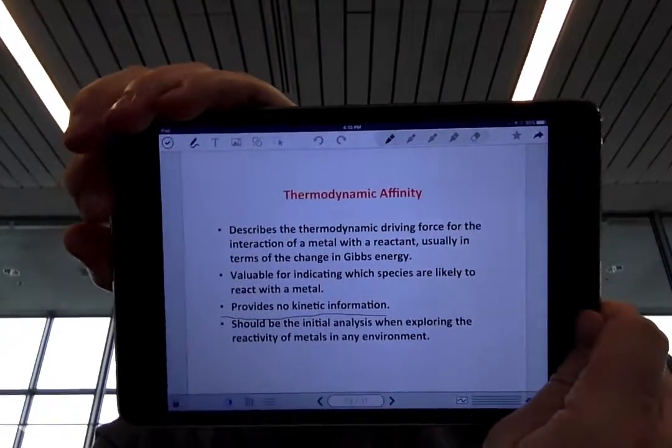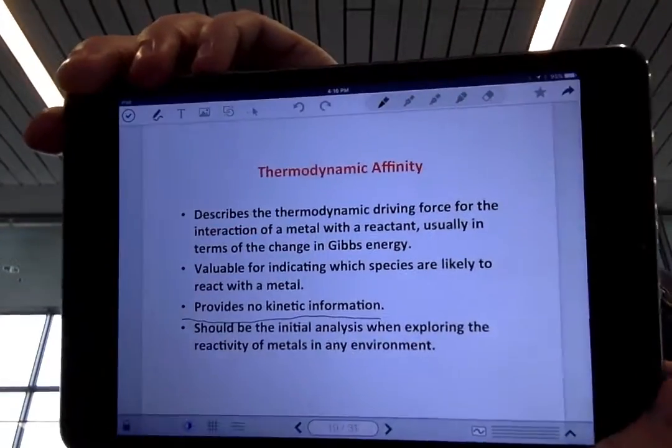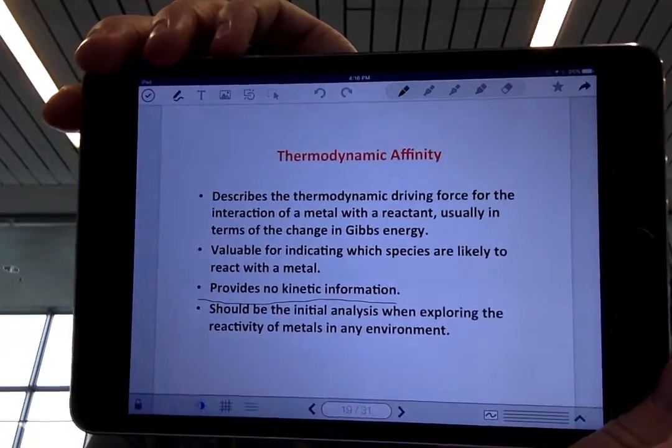So remember that thermodynamics provides no kinetic information. We're going to talk about current a little bit more, either when I continue this lecture when I'm in Germany, or we're going to talk about kinetics on Wednesday for sure, and talk about specifically what's important about current and how we use current with Faraday's law to compute how many moles of something has been reacted. Anyway, the thermodynamic affinity is just the delta G of these electrochemical reactions.